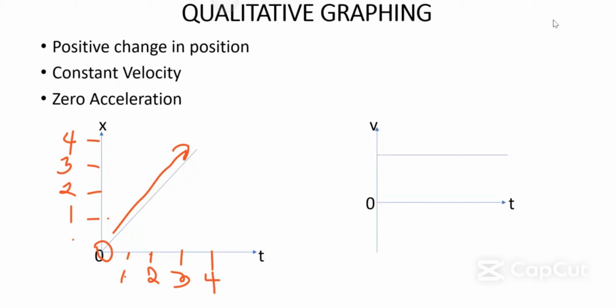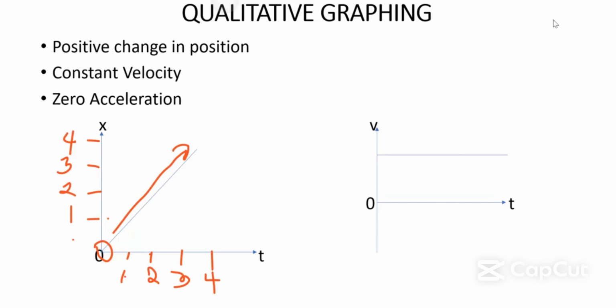So the position started from 0, then it keeps moving up. When we see a graph like this, going up in this direction, we know there's a positive change in position because there's an increase in the position's number. The velocity is constant, but the acceleration is 0.